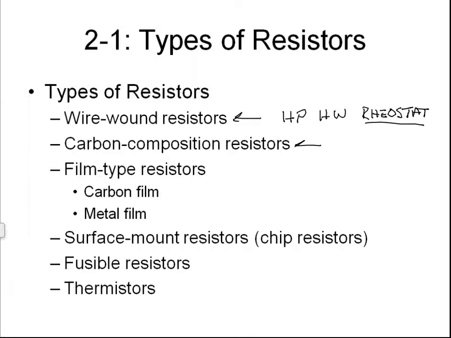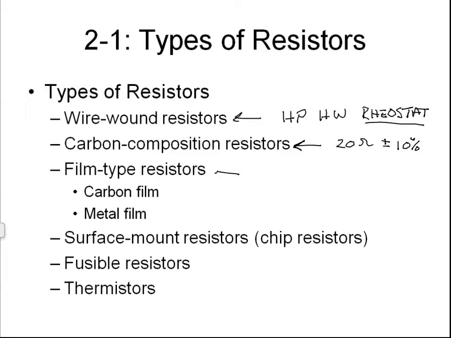Carbon composition resistors, well, mostly made out of carbon. Higher or lower tolerance, that is to say, if I have a 20 ohm resistor, it can have as much as a 10% tolerance. So it can be 18 or 22 ohms. So that's pretty wide tolerance.